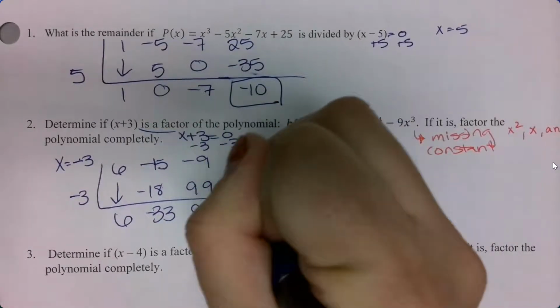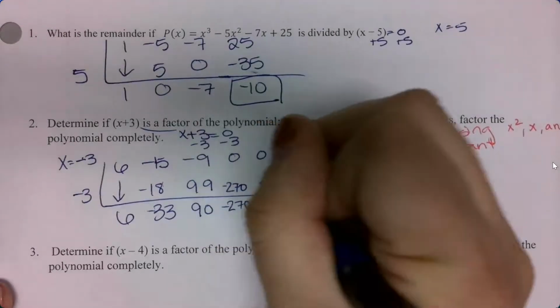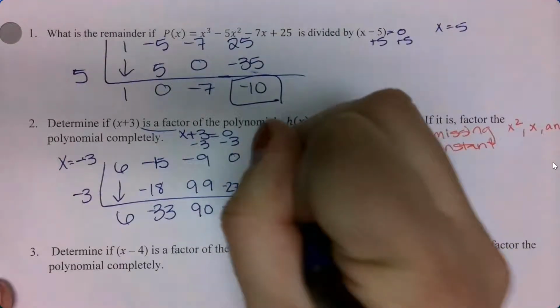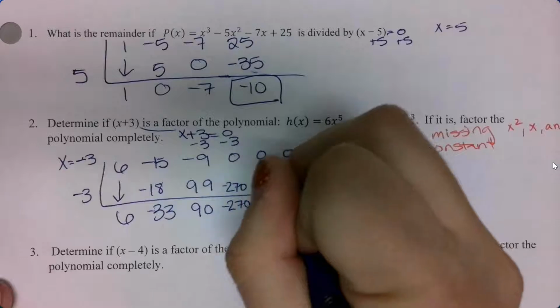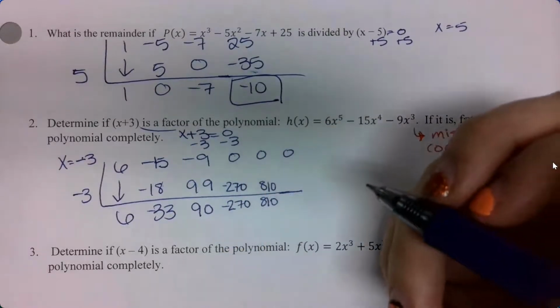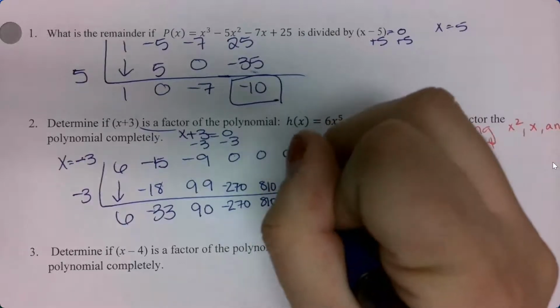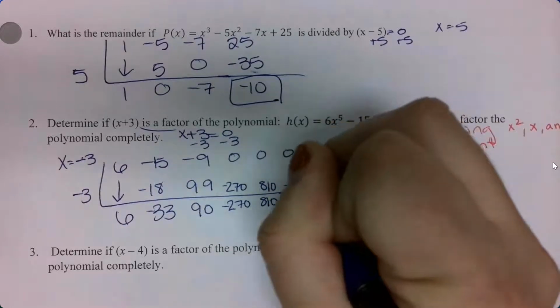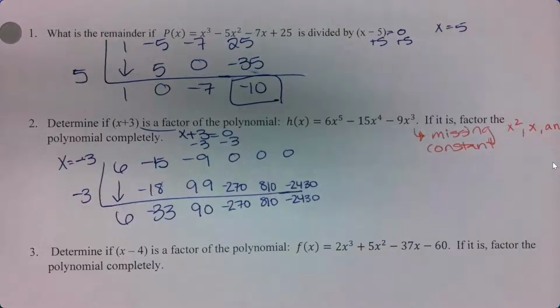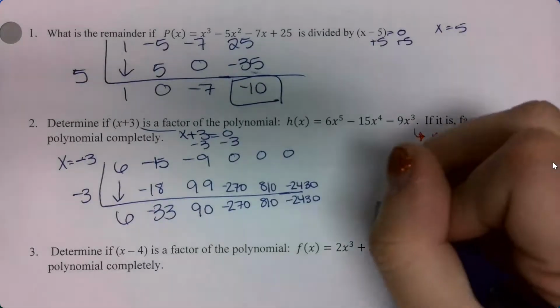Add down. -270 times -3 is +810. Then I want to multiply by -3. This gets me -2,430. I add down. -2,430. So that is not 0. This is not a factor.